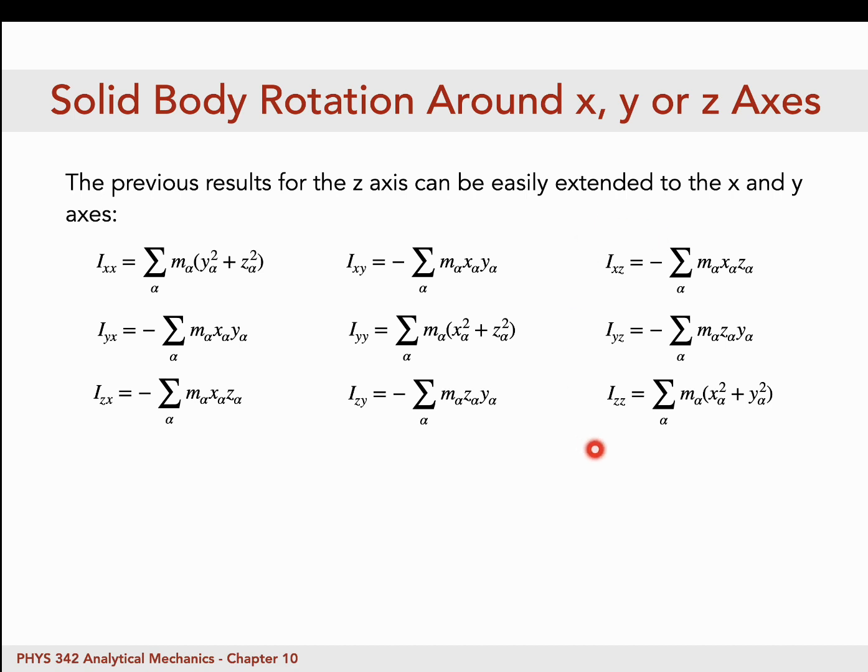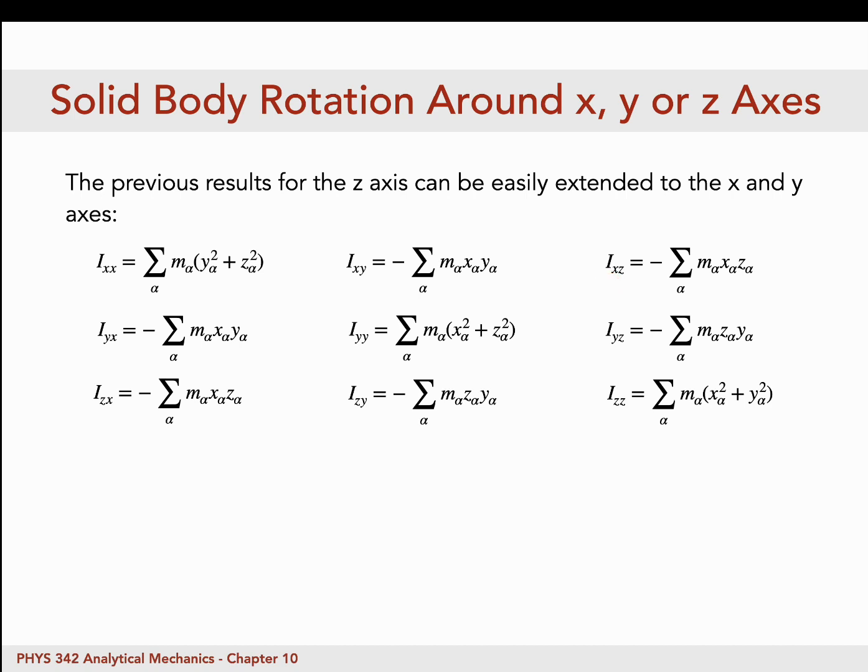These are the equations over here for rotation around the z-axis. These are the equations you get for rotation around the y-axis, and these are the equations you get for rotations around the x-axis. I've organized them in a special way. Remember that the second index is telling us which component of the angular velocity this term corresponds to, and the first index corresponds to which component of the angular momentum.